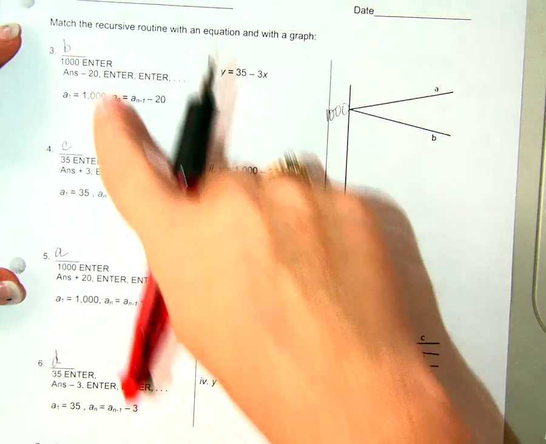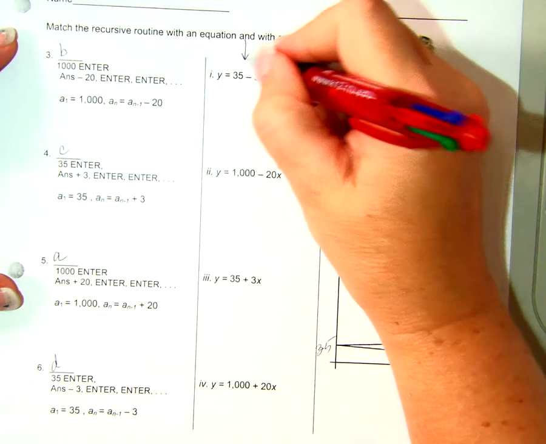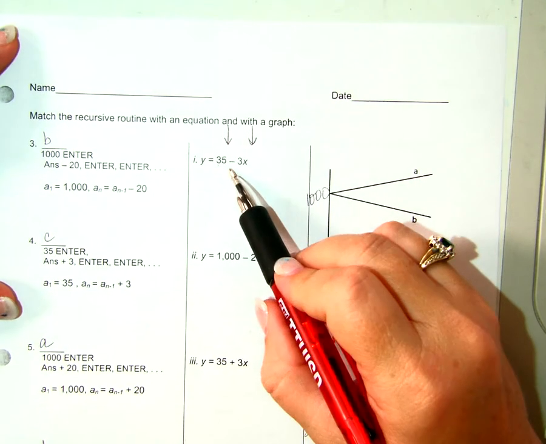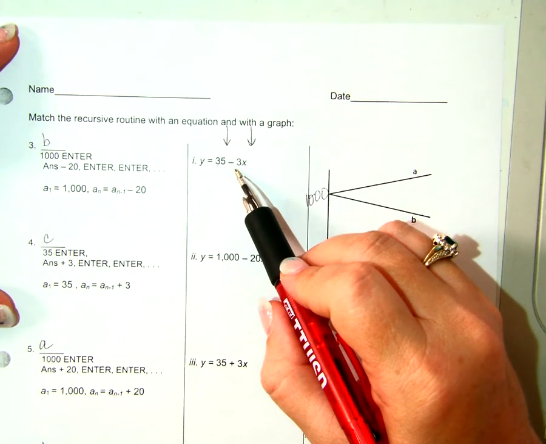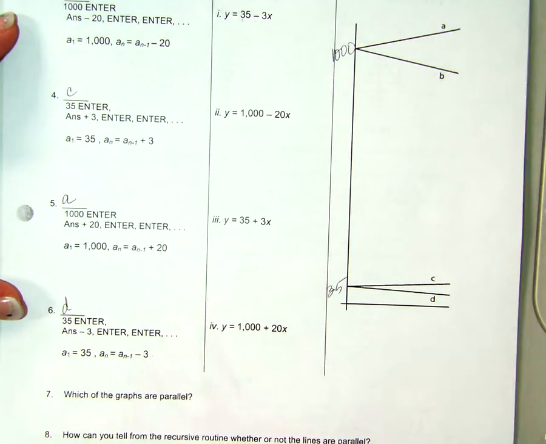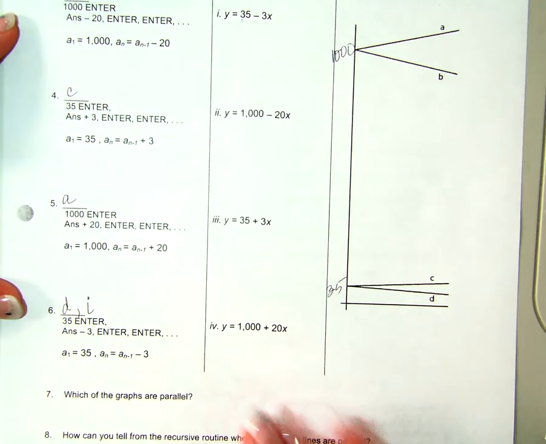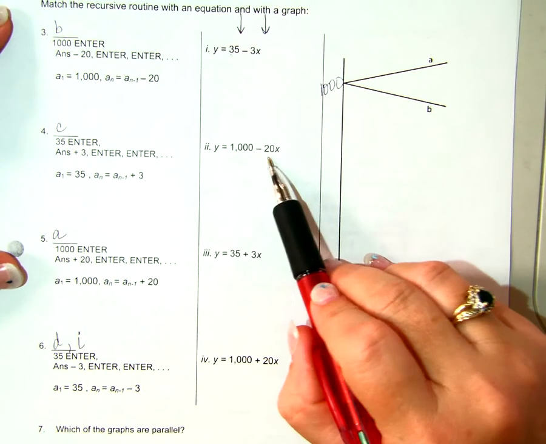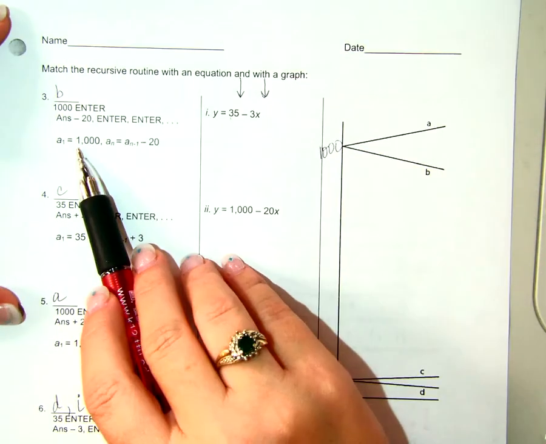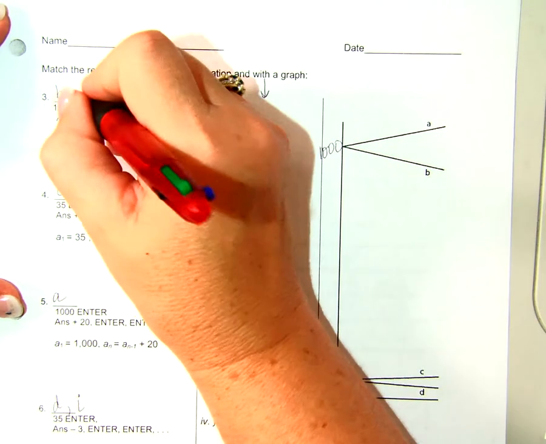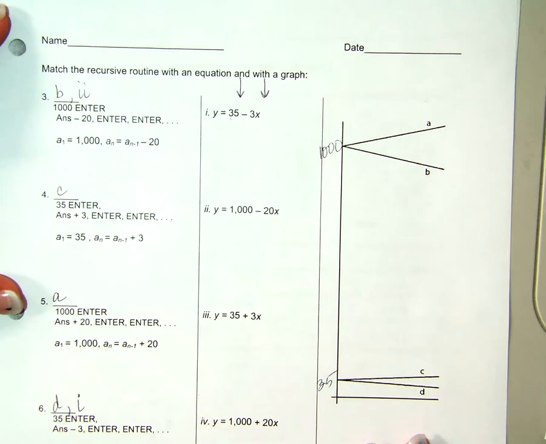Notice I left some room because I also have these, the functions. This says I started with 35 and decreased by 3 every time. So if I start with 35 and decrease by 3 every time, this one is I. Starting at 1,000 and decreasing by 20 every time would be this one, so this one is B and II.